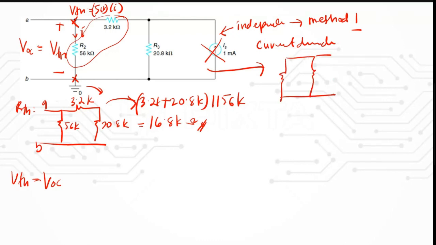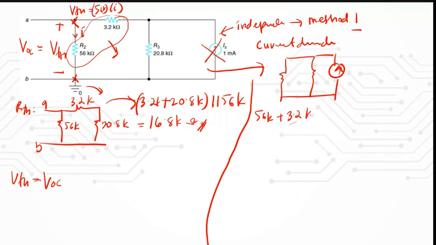When you total up this part, 56K plus 3.2K, you know that the value will be 59.2K. So here is going to be 59.2K, and then here it will be 20.8K.